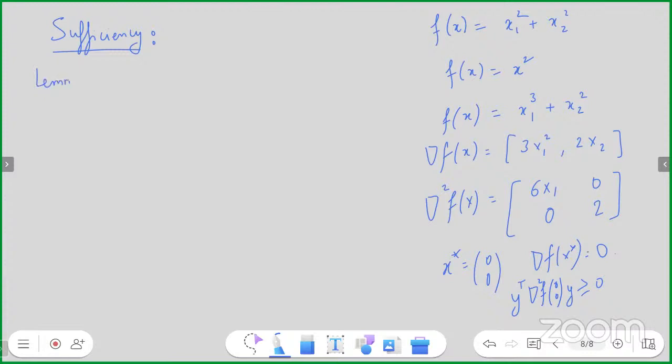Lemma. If x star is 0 and the Hessian is PD, then x star is a local minimum.